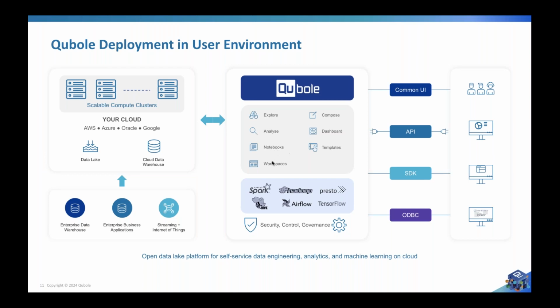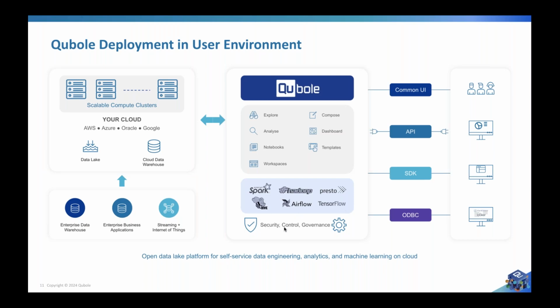Those are notebooks, workspaces, dashboards, and then various engines which are available like Apache Spark, Presto, Hadoop and Hive from a legacy perspective. Then we have Airflow, we have TensorFlow for your GPU workloads, your AI workloads, and then you can use ML for your Spark.